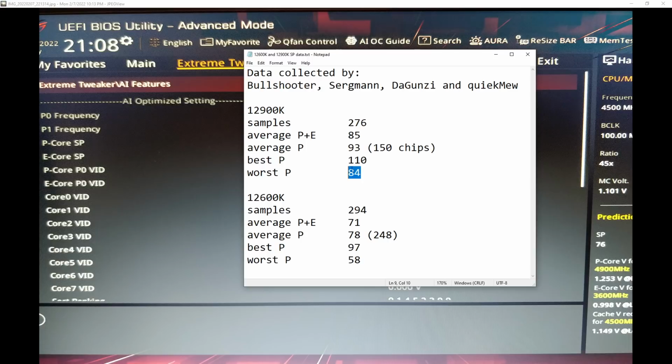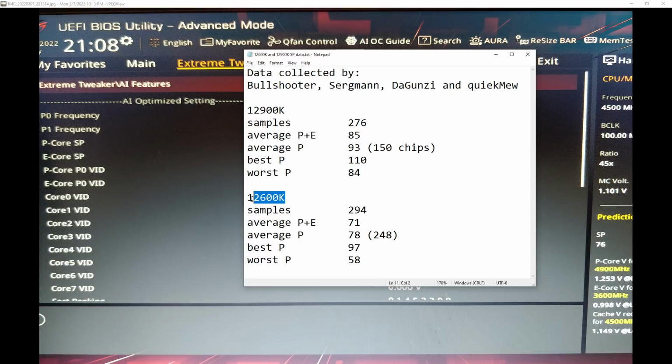So an SP rating of 84, if I had to guess, would top out at 5.1, maybe less, with the same amount of cooling and voltage. It might even need more voltage. So I would expect an SP rating of 84 to be sub 5.1 gigahertz for maxed out AVX workloads, even with a very good cooling system. So 12900Ks can be quite bad.